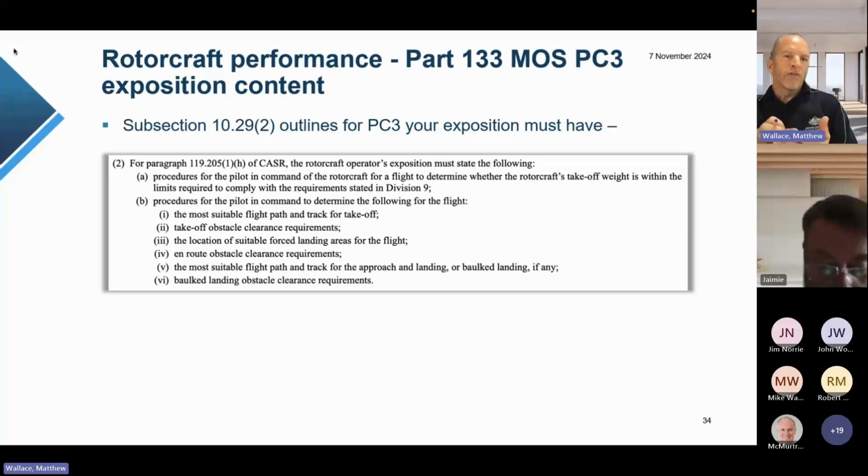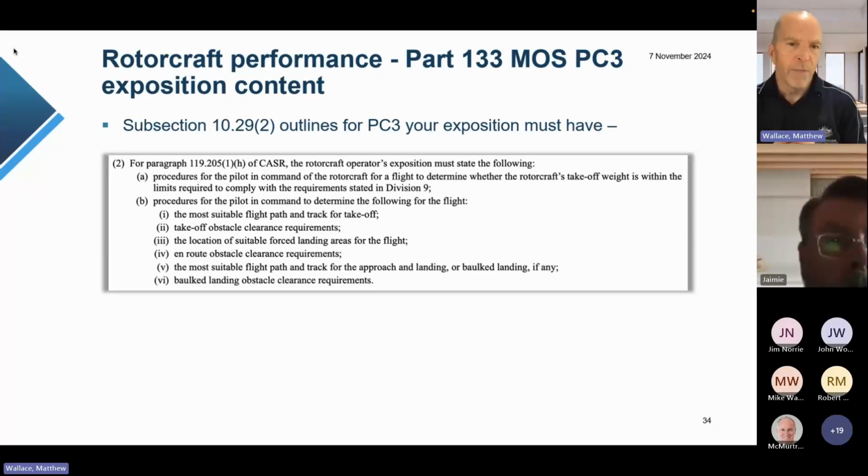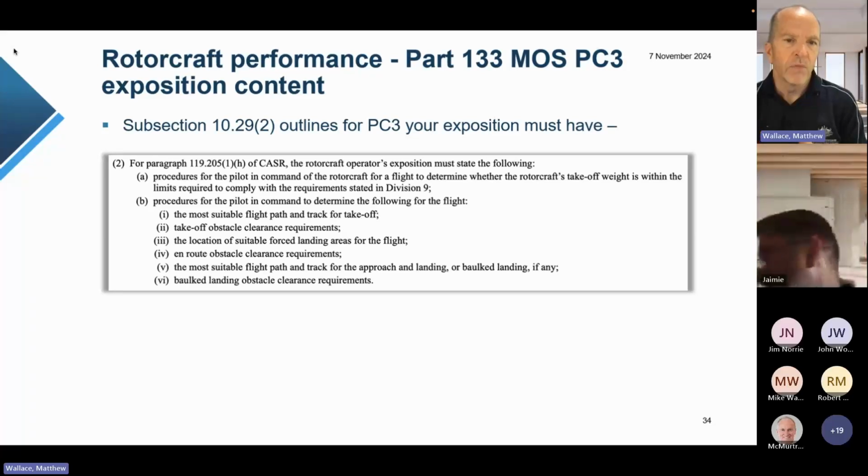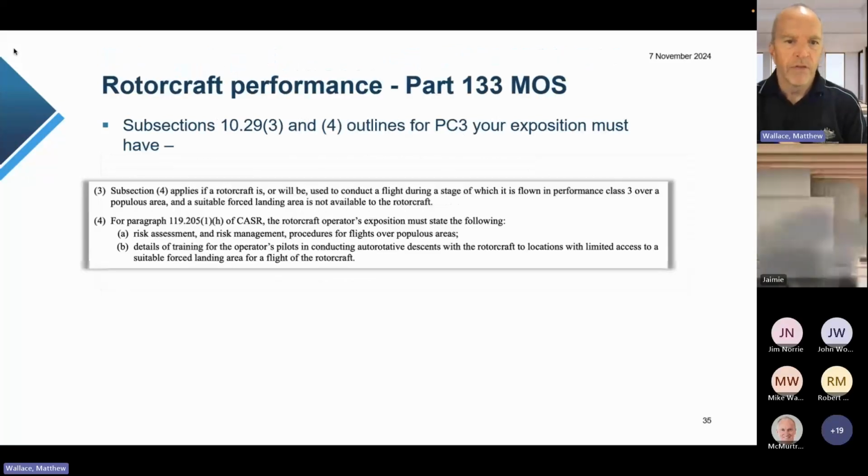No different from any other requirements that you would have for your operation conducted at the moment. So weights within limits, and you're able to determine the following for the flight: suitable flight paths, clearance from obstacles, location of your forced landing areas, the en route obstacle clearance, the suitable flight path for the approach and landing and balked approach, and then your balked approach obstacle clearance requirements.